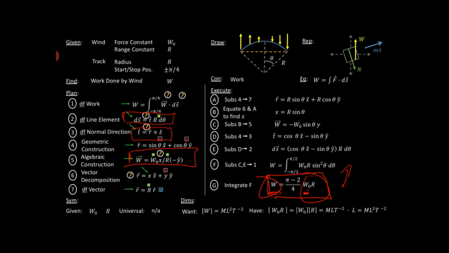There's one homework problem where you do have to construct your line element. And so hopefully that'll be useful. Probably won't see this use of the normal direction again in this class, but it would be good to remember that's the sort of thing that you have to do when you have to do something like that in the future. The algebraic construction you've done many, many times already, and hopefully you're getting used to that by now.